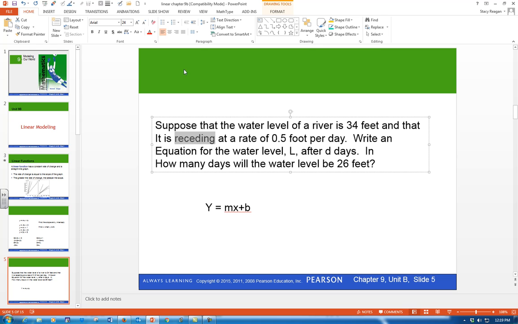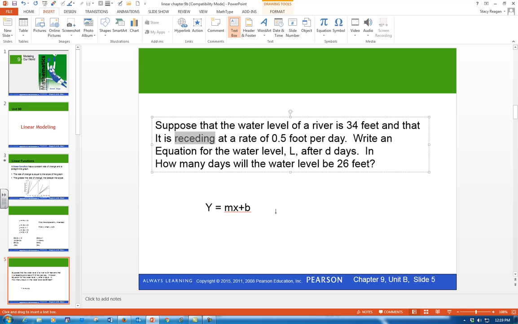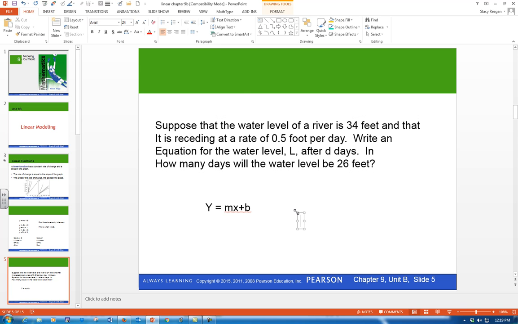So what's happening here is you have something that starts out at 34 and then goes down, so that's where the subtraction sign comes from, and it's going down at a rate of 0.5 per day. All of these problems will be like this, in that you will have some rate somewhere like 3 per inch, 4 per minute, or something like that.